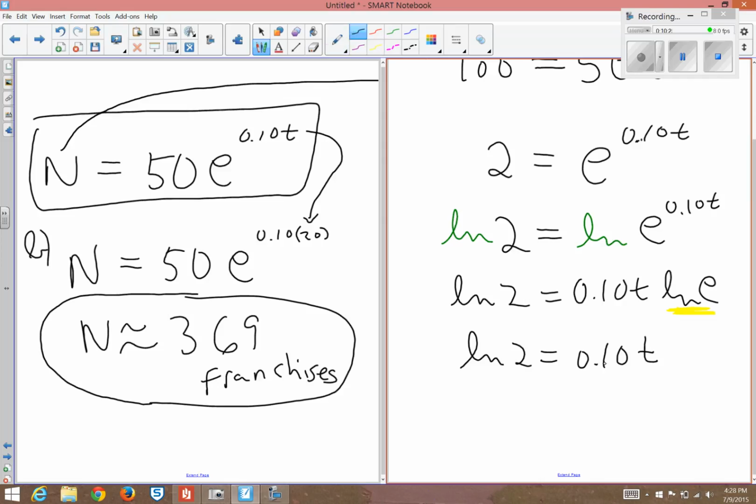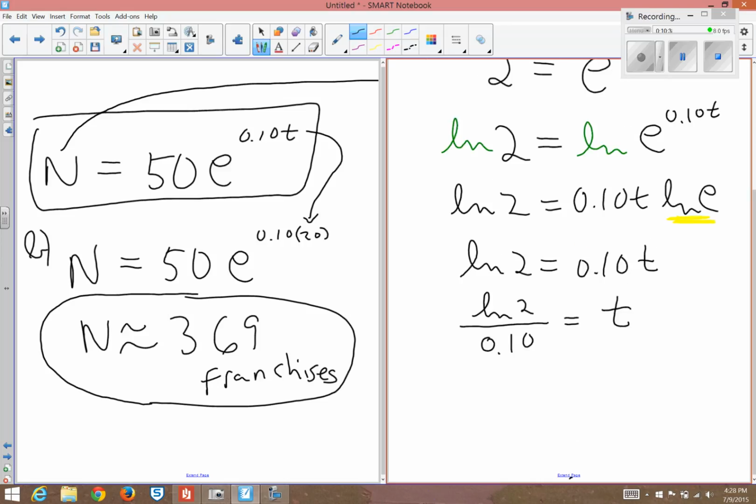Now we're going to divide both sides by 0.10. The natural log of 2 divided by 0.10 equals t. So we're going from here to here, dividing both sides by 0.10. On calculator, I see the natural log of 2 divided by 0.10 is about 6.931447.